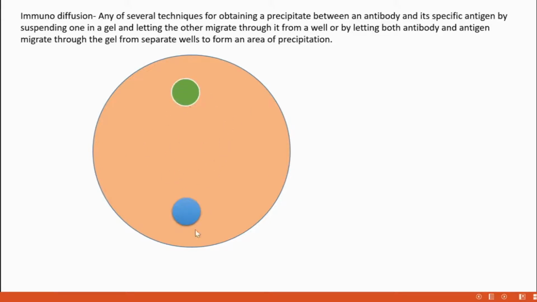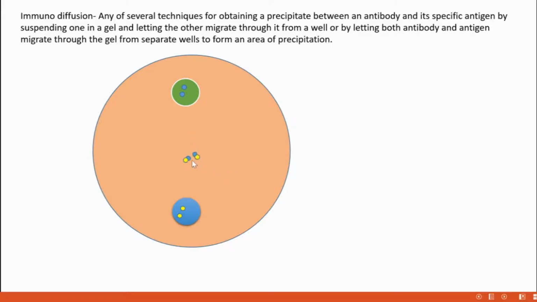In this, two wells are there, meaning two depressions, two pits carrying antigen and antibody. It is kept aside for some time, and these two start to migrate toward each other and form bonds with each other.